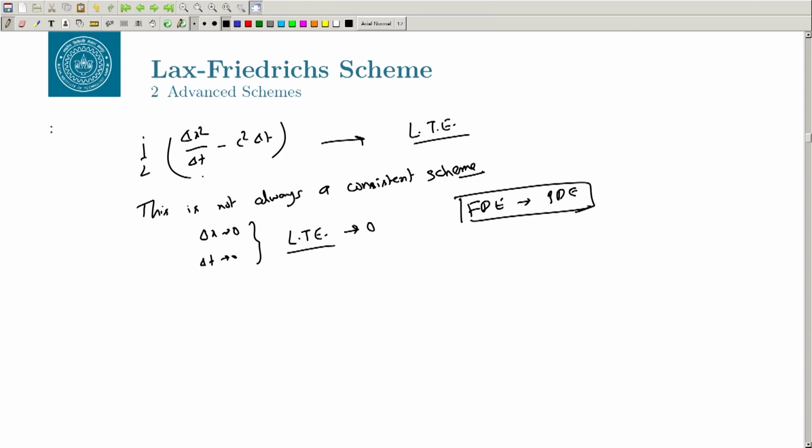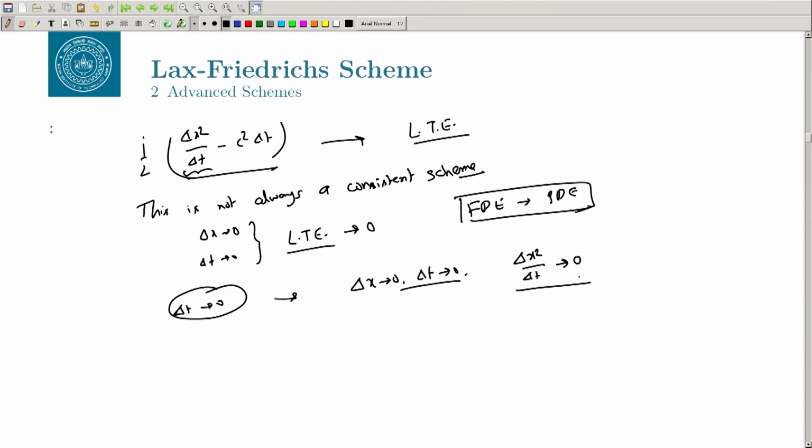If you look at this case, if delta t goes to 0, this does not go to 0. So the only way this scheme can become consistent is that when delta x tends to 0 and delta t tends to 0, delta x square by delta t should go to 0.